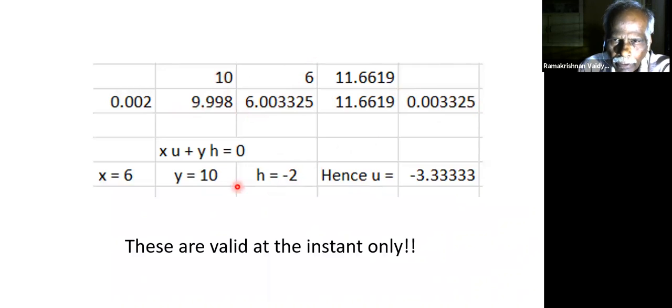If the value of h is given as minus 2, then I multiply proportionately, minus 2 divided by 0.002 into 0.003325 becomes minus 3.33. Okay, that solves the problem.